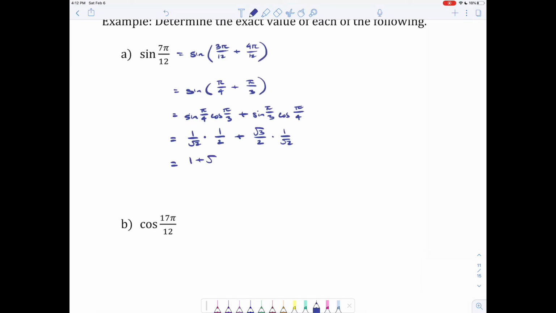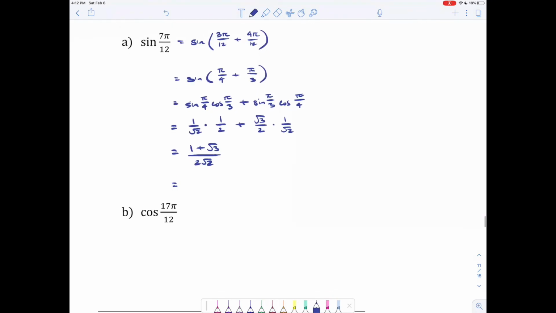We've got 1 plus root 3 all over 2 root 2. And if we rationalize the denominator, we are looking at root 2 plus root 6 all over 4. So that is my answer to this one.